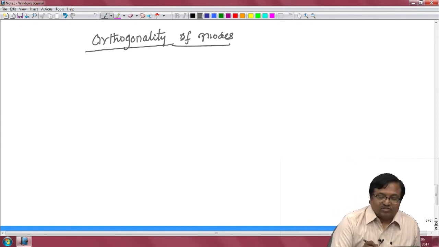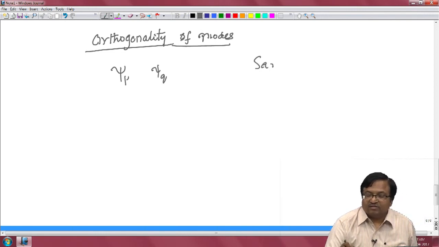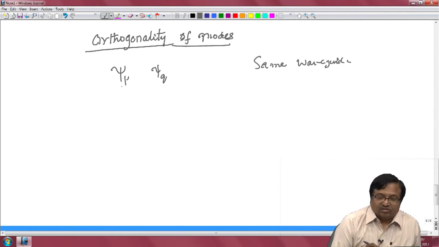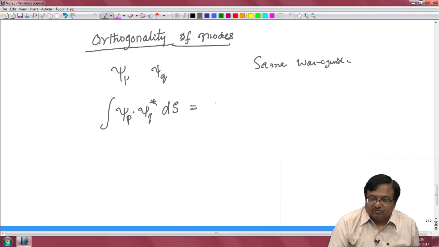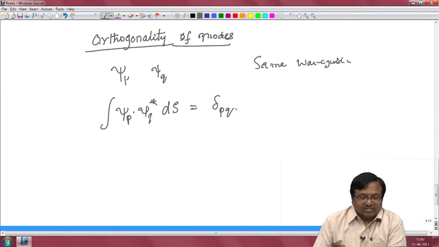Orthogonality of the modes implies that if you have modes psi p and psi q corresponding to the same waveguide, then they are orthogonal, meaning that the overlap factor of psi p multiplied by psi q complex conjugate, star, over the entire cross section is equal to either 0 or 1 depending on whether we are talking about the same modes or not.